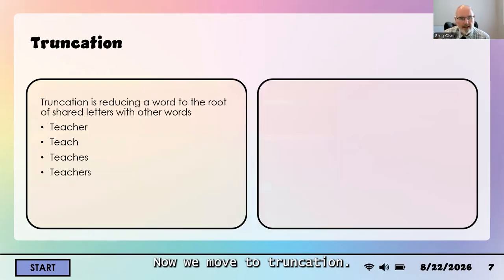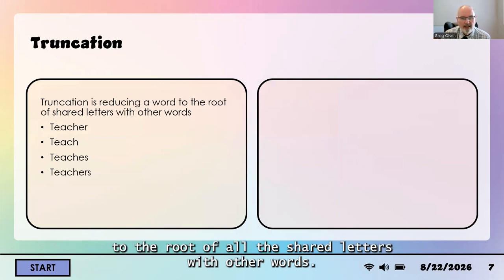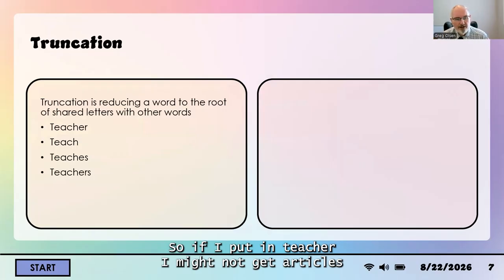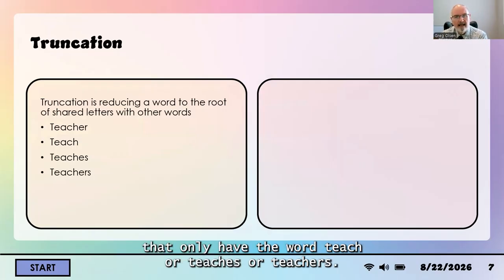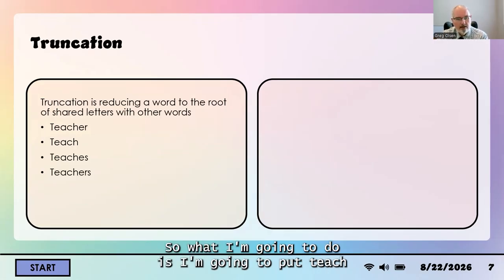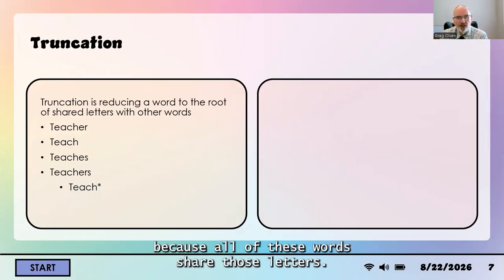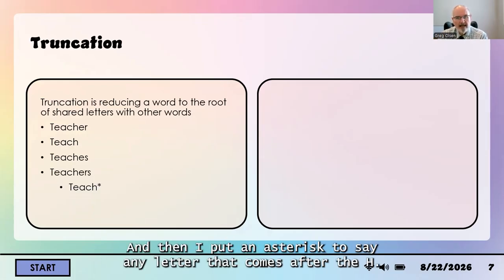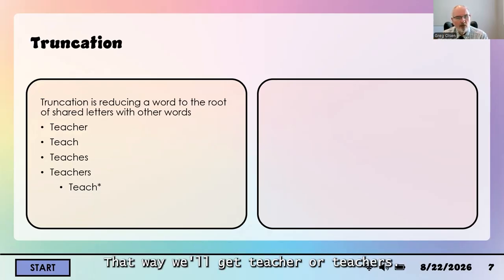Now we move to truncation. So truncation, that's when we reduce a word to the root of all the shared letters with other words. So if I put in teacher, I might not get articles that only have the word teach, or teaches, or teachers. I want to get all of these. So what I'm going to do is I'm going to put teach, because all of these words share those letters, and then I put an asterisk to say any letter that comes after the H. That way we'll get teacher or teachers.